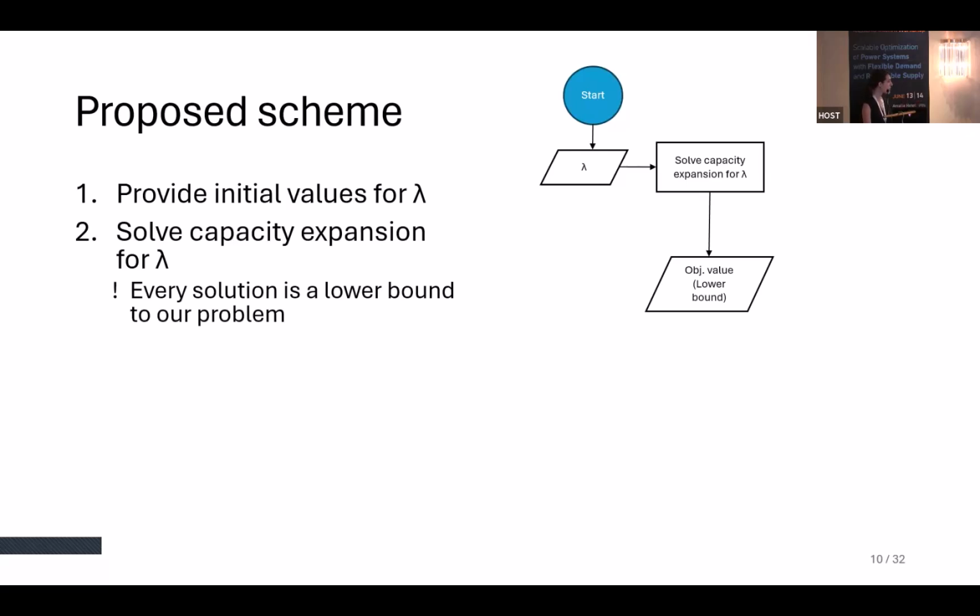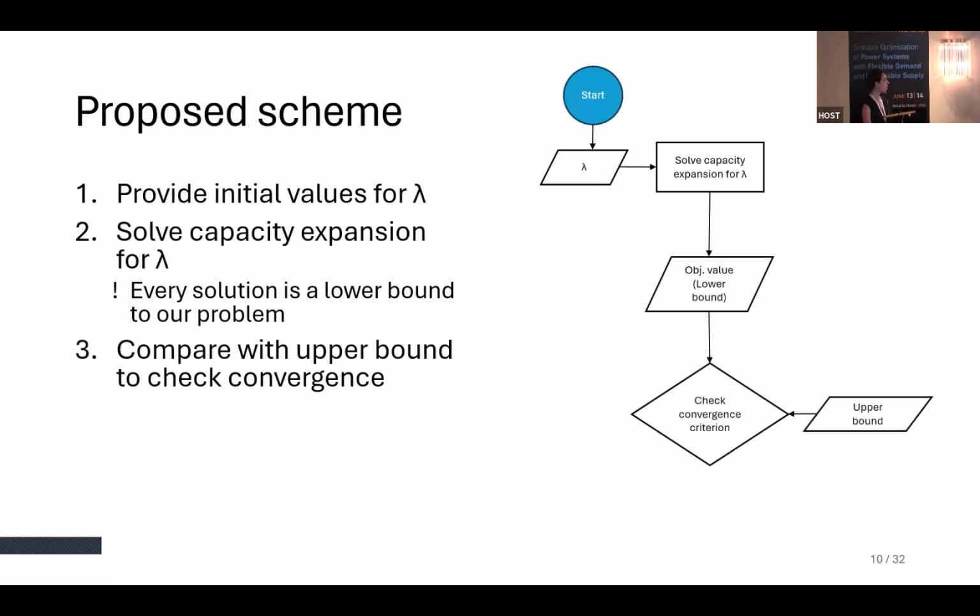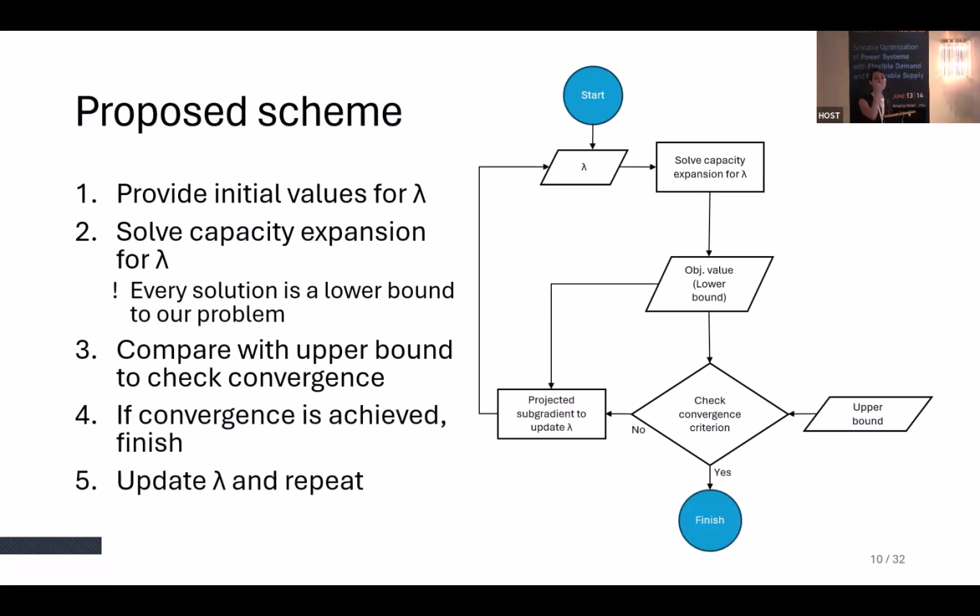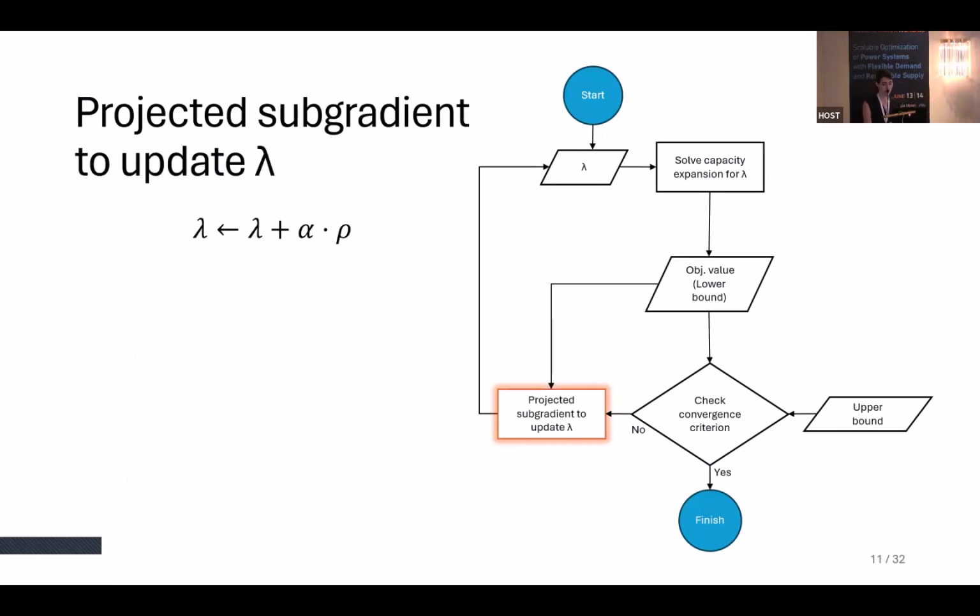We know every solution is a lower bound to our problem, so we will be comparing for convergence. If it's achieved, great. If not, we will be updating lambdas using the subgradient method. Let's see how we deal with each of these parts.